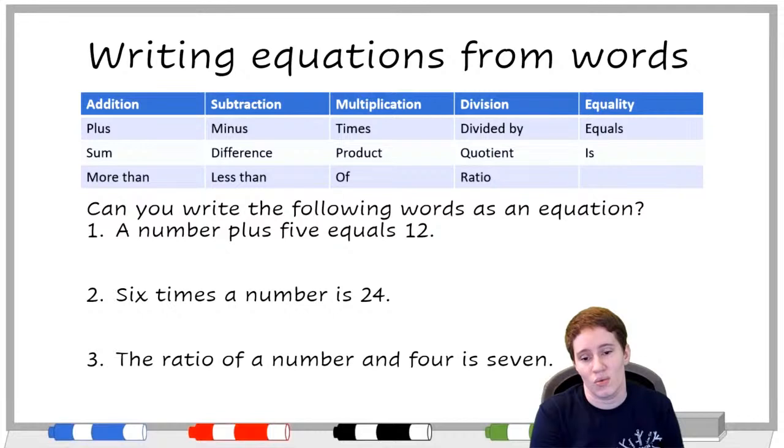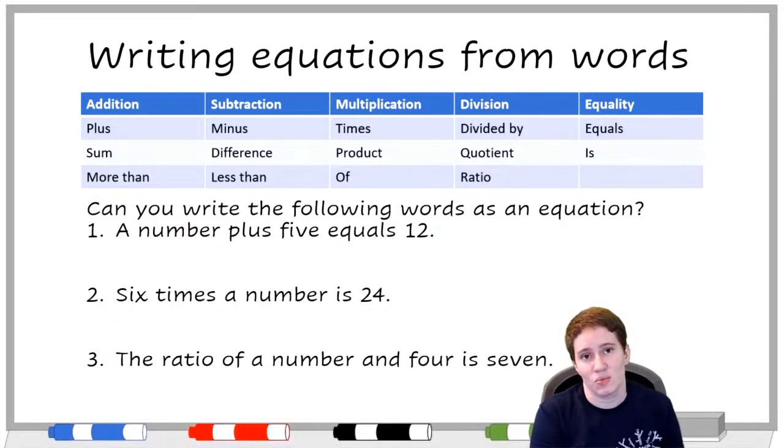So we're being asked here, can you write the following words as an equation? It doesn't ask us to solve the equation. It doesn't ask us to say what the number is. It just says, can you put this in an equation instead of it being in words? So a number plus 5 equals 12. Well, we've got plus, which we know means addition. We've got equals, which we know means an equal sign. 5 and 12 are numbers.